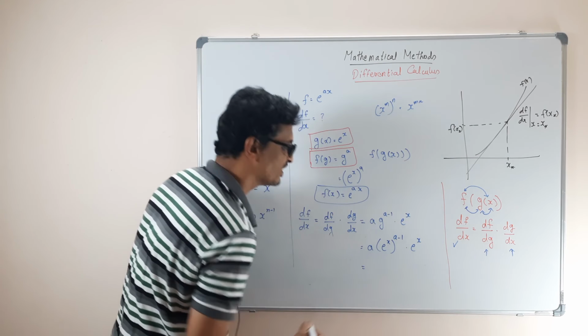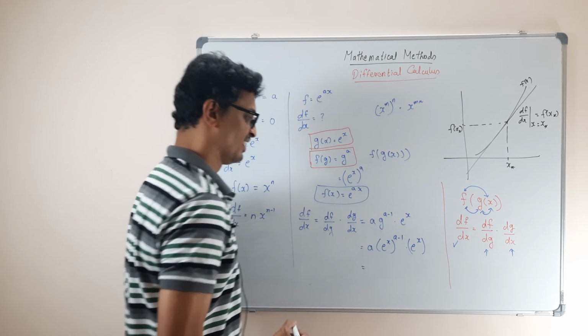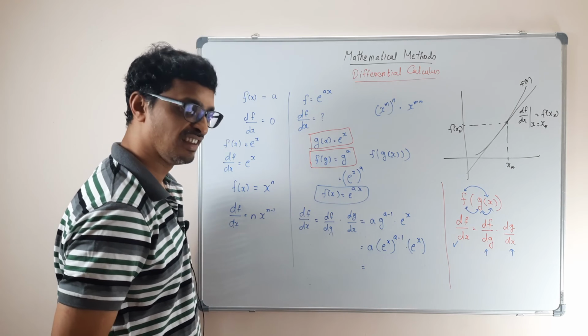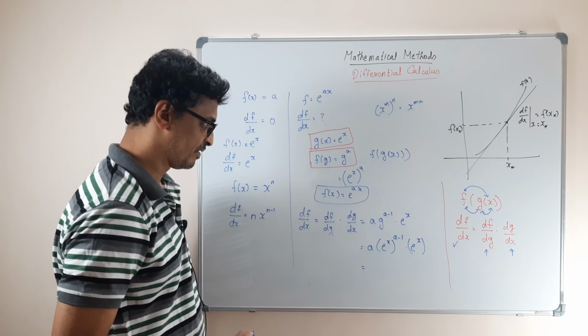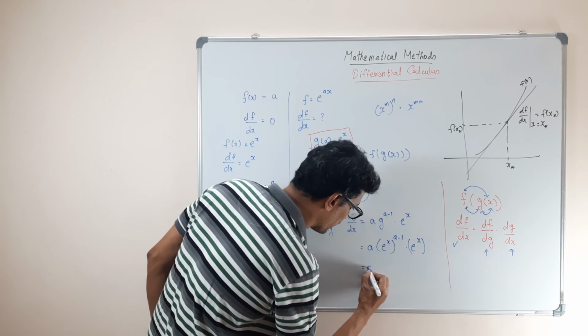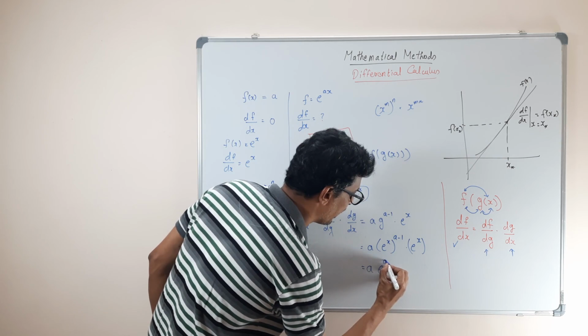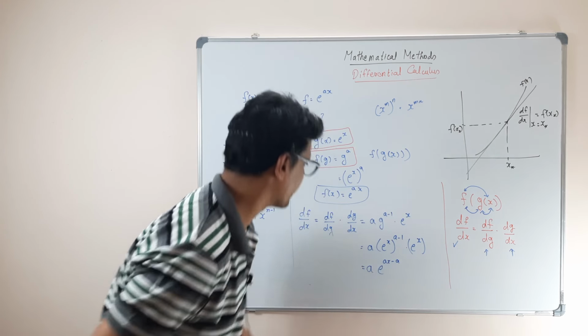Tell me what this is. Should add first e power x, a minus 1, plus x. If you want to do that, let us do a into e power ax minus x. Minus x, correct.